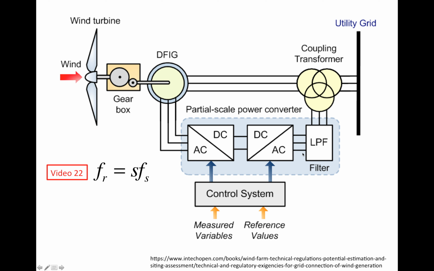And you may have to use a low-pass filter to regulate the power better, into a better shape, right? And then you give it to the transformer, and the transformer gives it to the utility grid, right? So this whole part of the circuit is missing in an ordinary squirrel cage induction machine or fixed speed wind turbine.